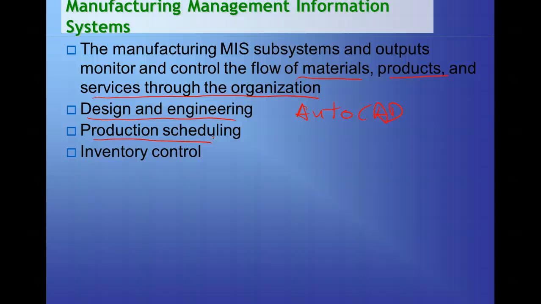Okay, what's the level of inventory that should be depleted before we generate a new request. These are all part of production scheduling, as well as how to minimize the inventory cost in the warehouse.